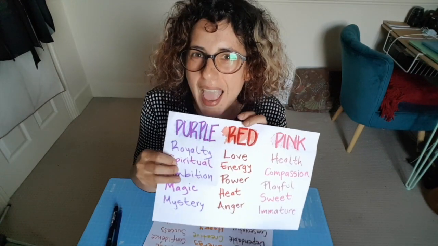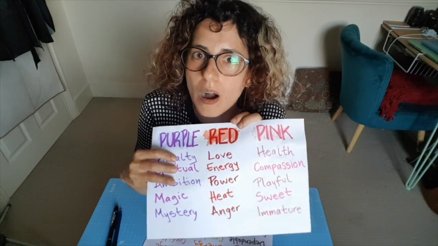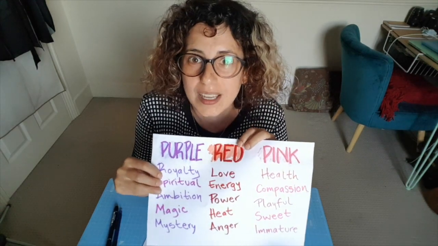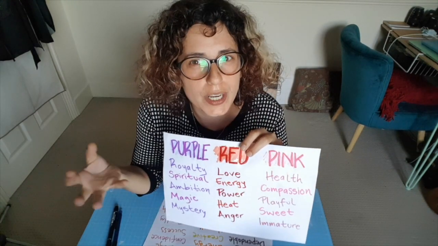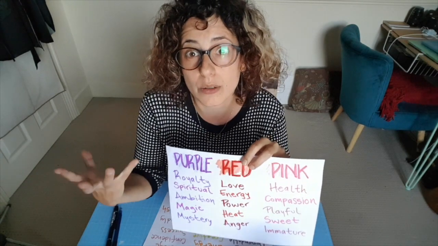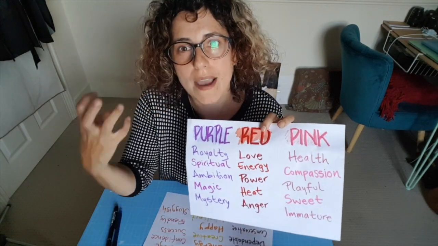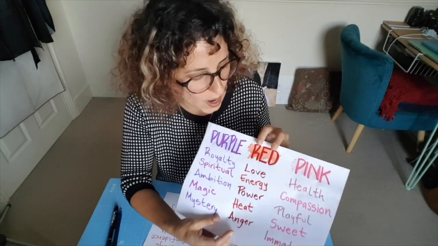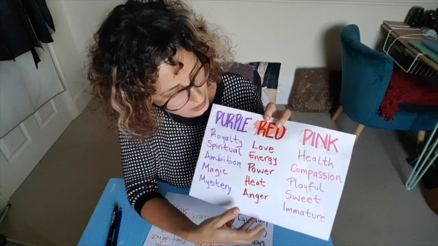Red. And red, of course, like our hearts, the first meaning for it is love and passion. And of course, it's the color of our blood. So everything that involves those sort of passionate feelings, red is going to get close to.